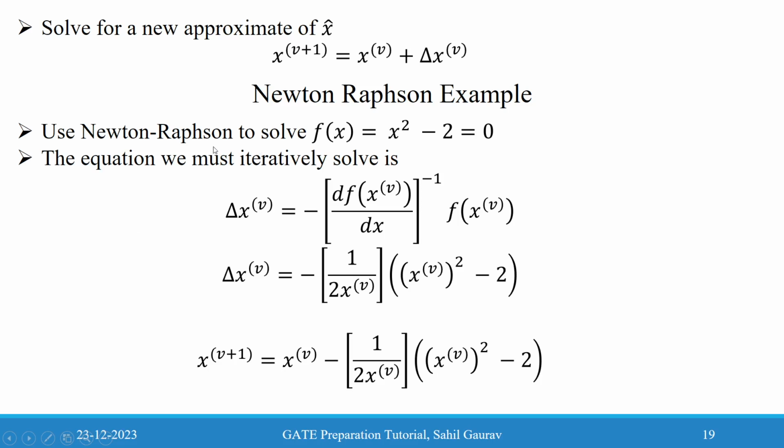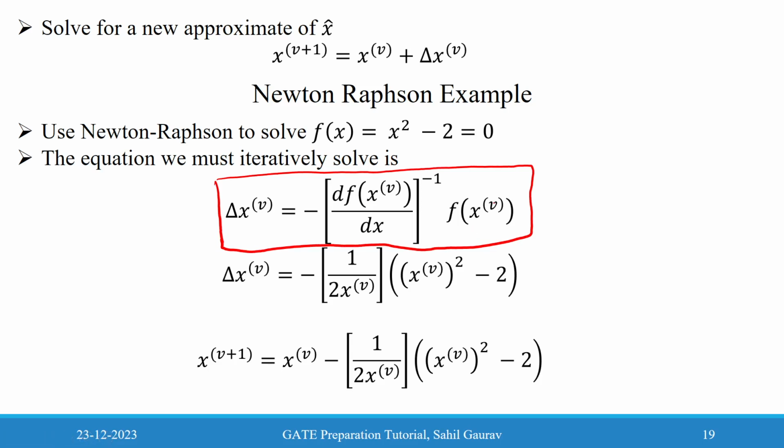So let us take one example, that is x square minus 2 is equal to 0. This equation we must iteratively solve with the help of the expression mentioned in step 4, delta xv. So here we have to first find the derivative of f(x).